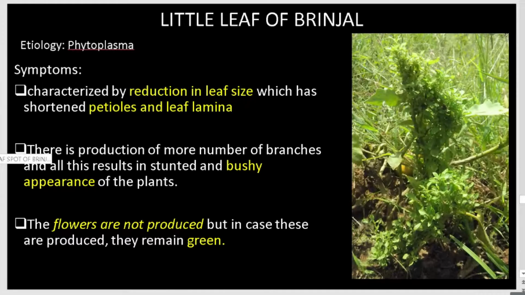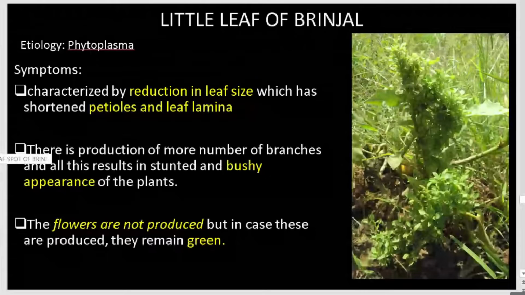In case of little leaf of brinjal, there is excessive reduction in the leaf size. There is reduction in the internode region, and there is a bunching or rosetting effect that gives the entire plant a bushy appearance. And this is systemic in this case.